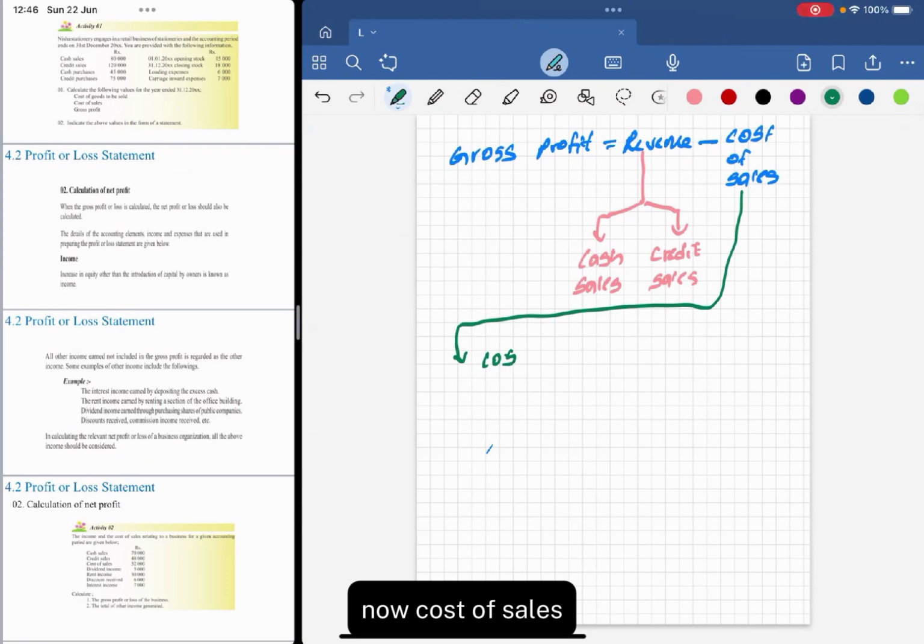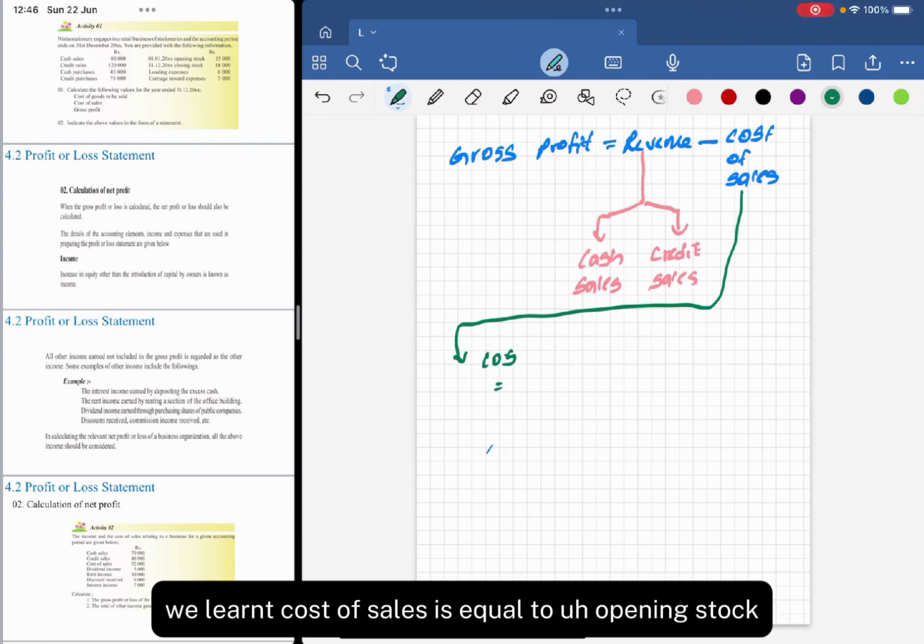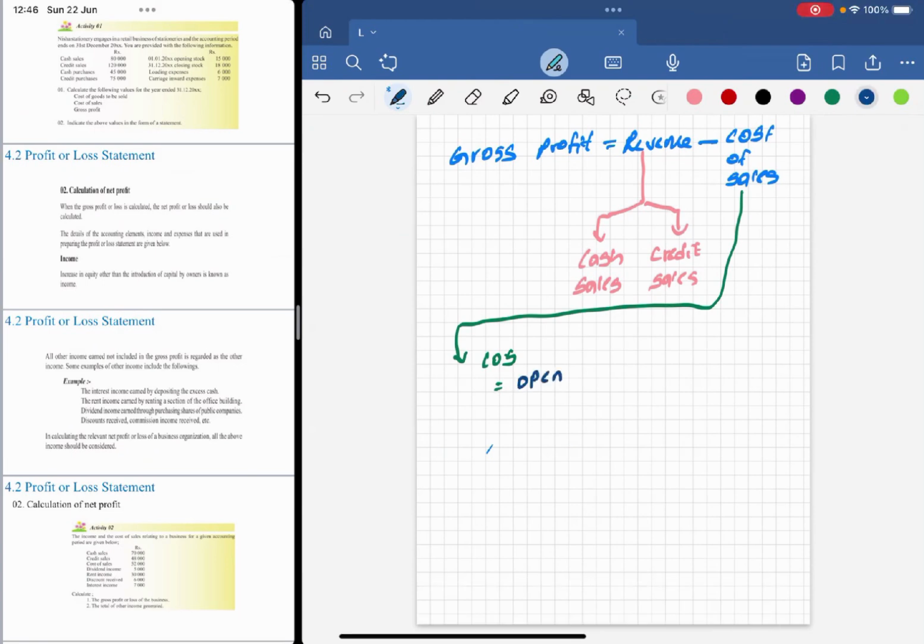Now cost of sales, we learned, is equal to opening stock plus purchases.